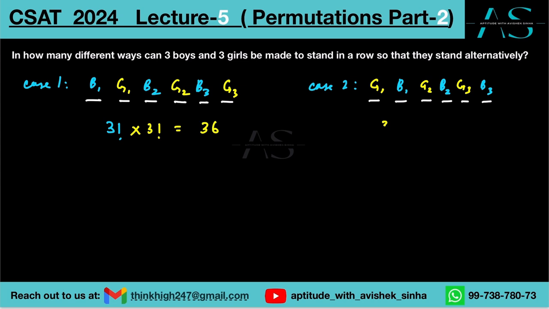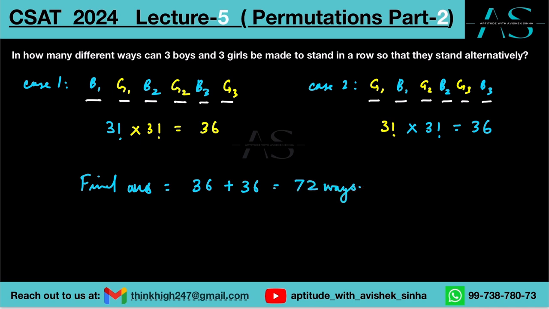Girls can be arranged in 3 factorial ways. Boys can be arranged in 3 factorial ways. So 6 into 6, that is 36. What is the final answer? The final answer is always the summation of the cases, that is 36 plus 36, which is 72 ways. So in 72 ways, 3 boys and 3 girls can be made to arrange in a row, or stand in a line in a queue, wherein they are always standing alternately.